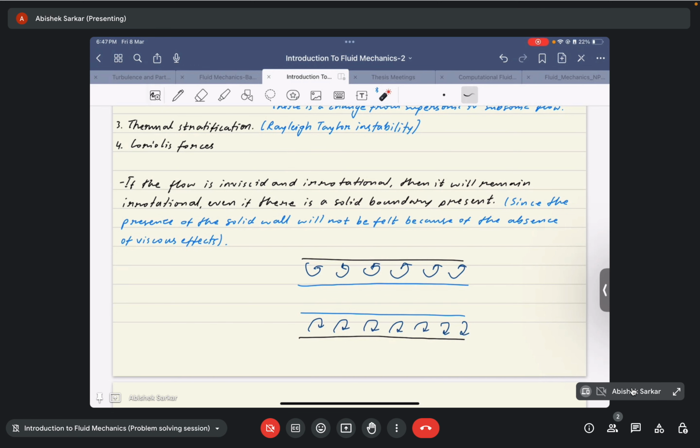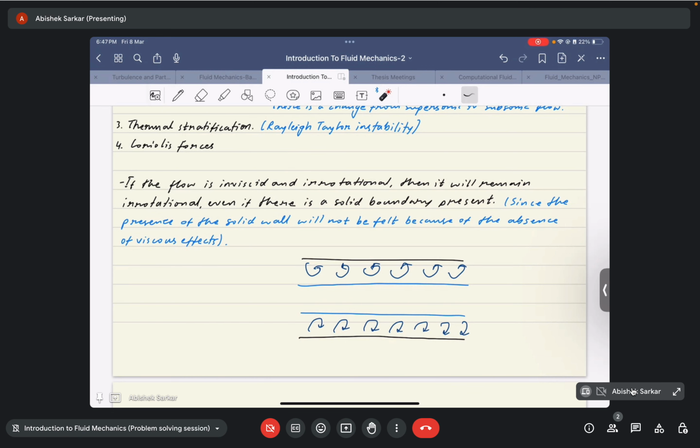The very approximation of these regions being far away from the edges is vague, because on the scale of a river, the effects of the edges and of the river bed are always felt by the fluid. So it's very hard to generate a completely inviscid region.